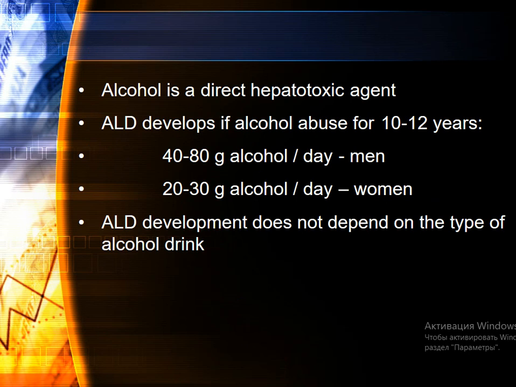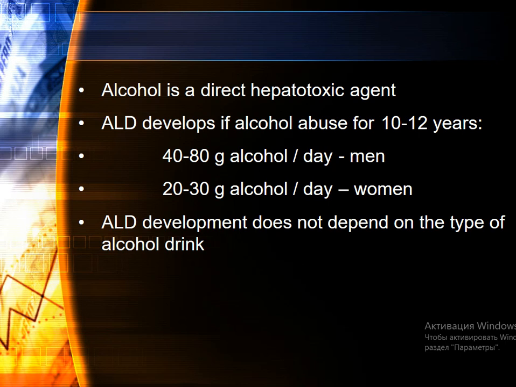Alcohol is a direct hepatotoxic agent, and alcoholic liver disease develops after alcohol abuse for 10 to 12 years: 40 to 80 grams of alcohol per day for men and 20 to 30 grams of alcohol daily for women.